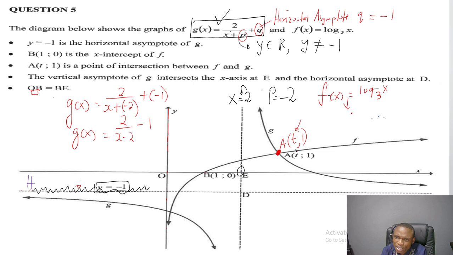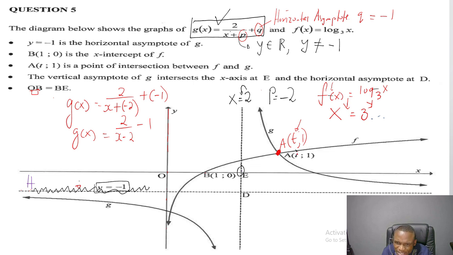So in the exponential form, y becomes x. The base does not change, x becomes 1. So this is the same as x equals 3 to the exponent 1.